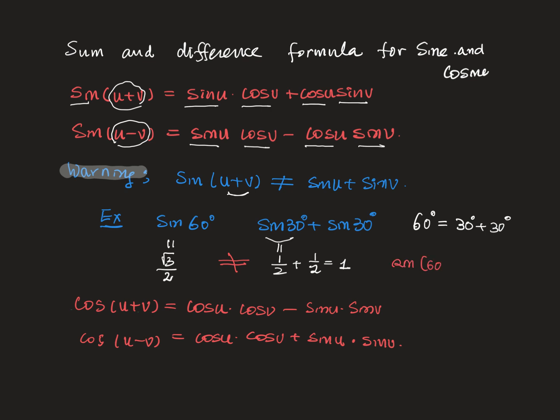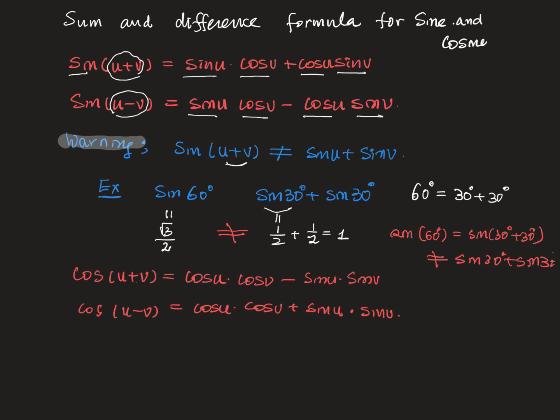Sine 60 is sine of 30 plus 30. It's not sine 30 plus sine 30. Guys, make sure you cannot distribute sine.